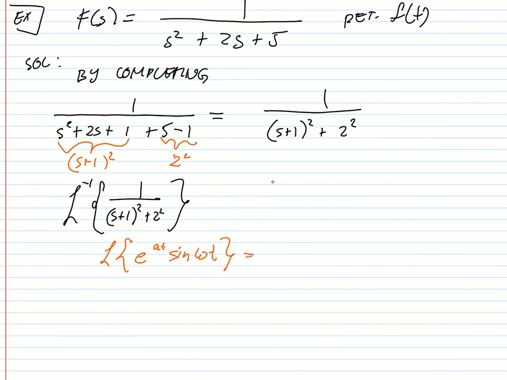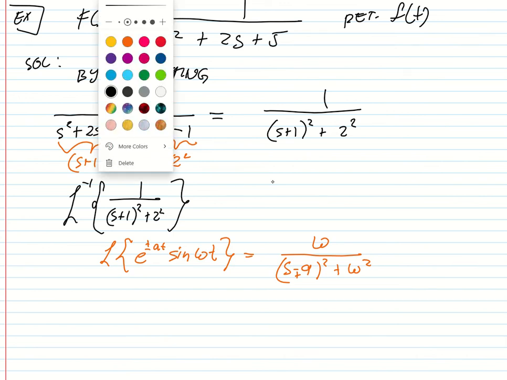This is equal to omega all over s minus a, squared, then plus omega squared. Now, if you look at this, it's somewhat similar to our problem, but your a here will be negative instead of positive. So if we make it positive, negative, it will be minus and plus. So in our problem, it's s plus a. It's not s minus a.